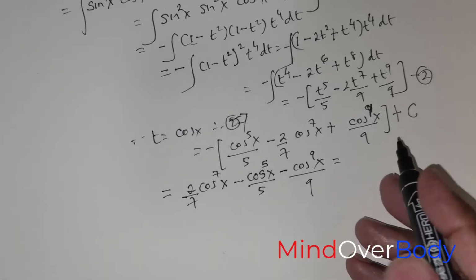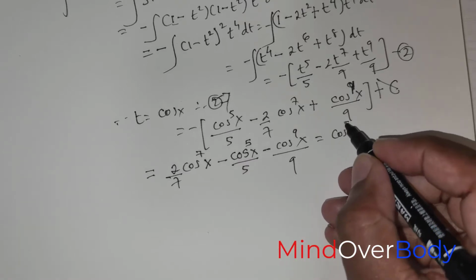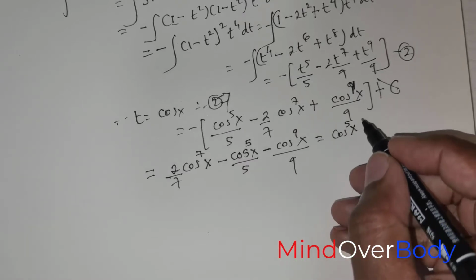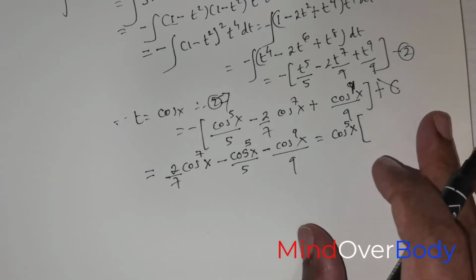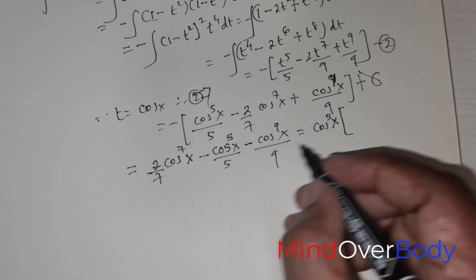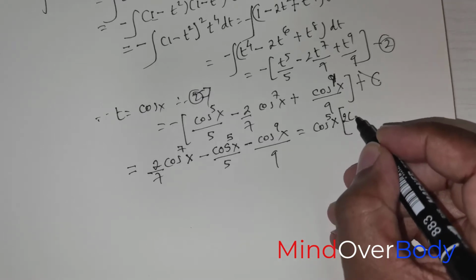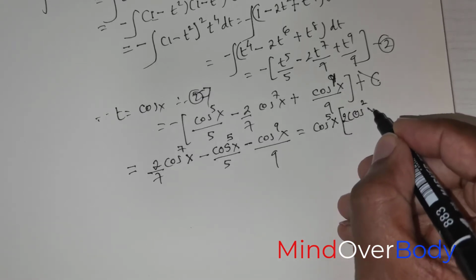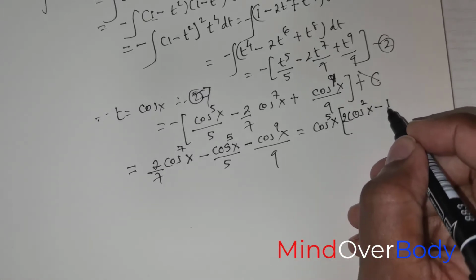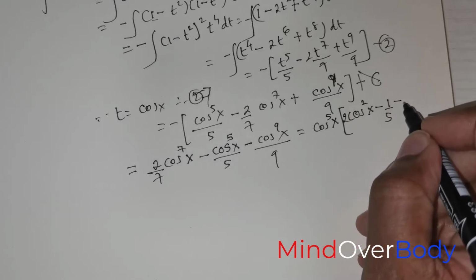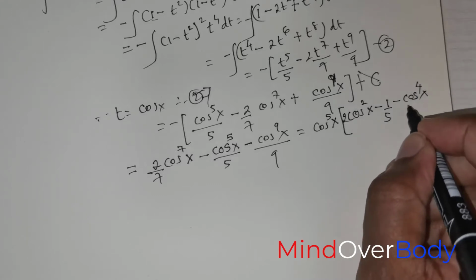What I wish to do is take cos raised to the power of 5x out, and I can't take anything common out with regard to the quantities in the denominator. So this would give me cos raised to the power of 5x times 2 times cos squared x over 7, negative 1 over 5, followed by cos raised to the power of 4x divided by 9.